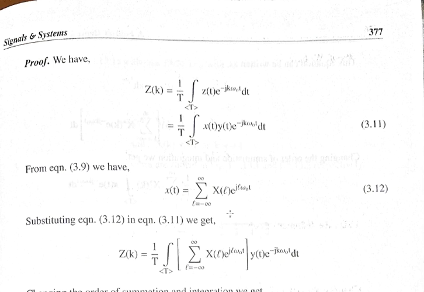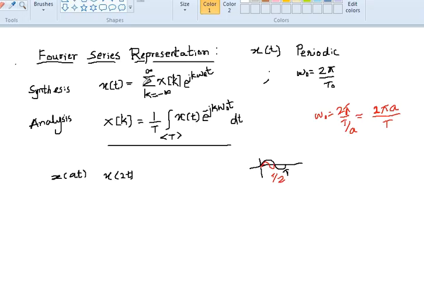Now to solve this one, for x of t, we use the synthesis equation. Let's do it with a different variable, because already the t and k and all are to be used. So let's write it with L. L from minus infinity to plus infinity, the same equation. Now x of t is equal to a sum over k, just replace L wherever there is k.